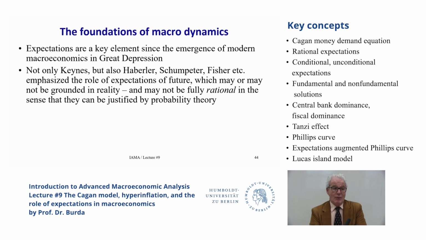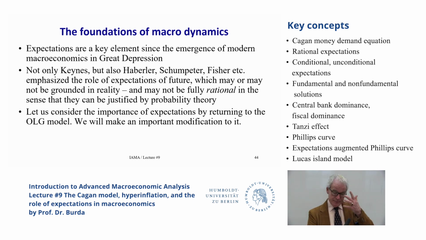And these may not be rational, but in our course and in our thinking, we try to ground our own thinking by saying, well, let's just assume that agents are as smart as we are and they can figure this out. And if they can, then it's important to use the theory to think about how expectations are formed. Just in terms of the OLG model, we can get some idea of how this works.